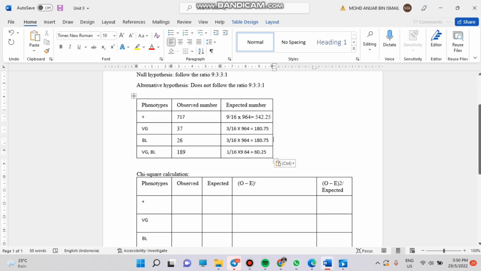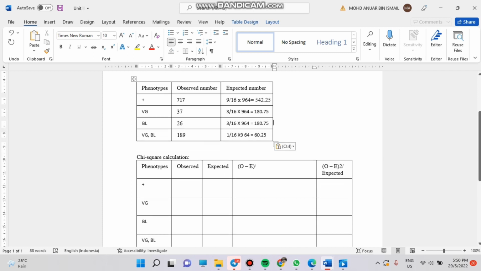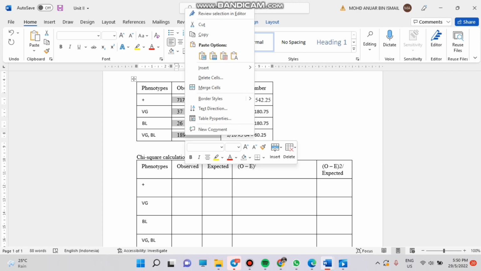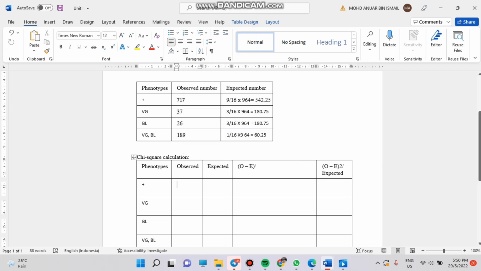And then for the chi-square calculation, the observed number is the same, just paste it, and the expected number is also the same as we have done before.